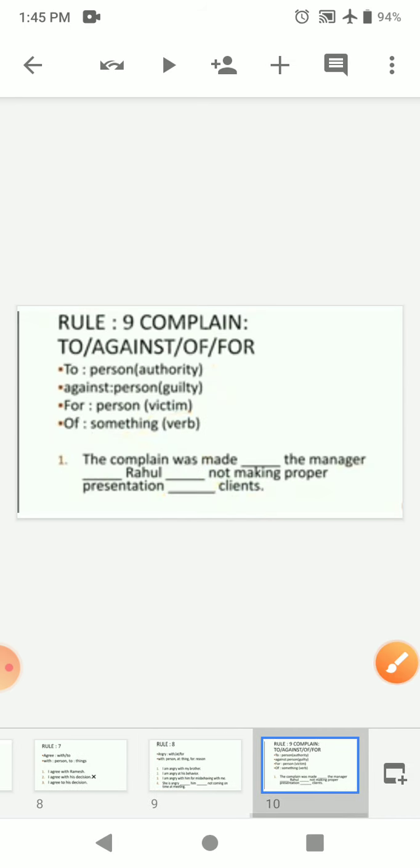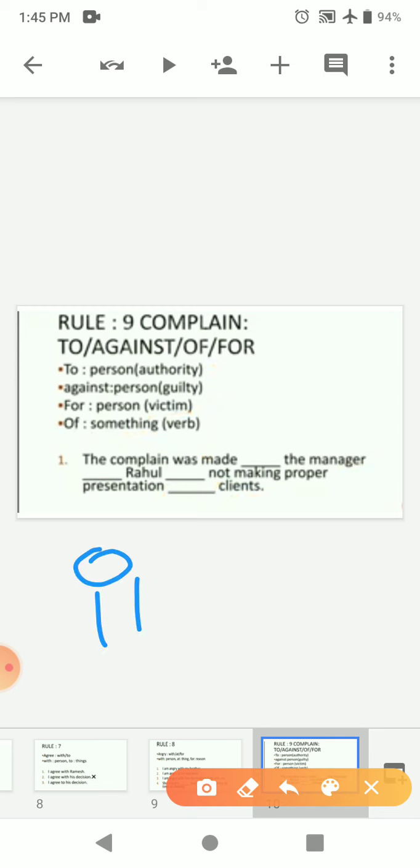Then we have this rule number 9. We have this word complain. So this word complain takes preposition to, against, for, of. So let's see. I will try to give you a simple example here.